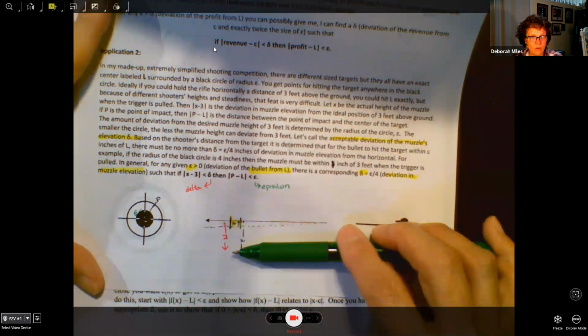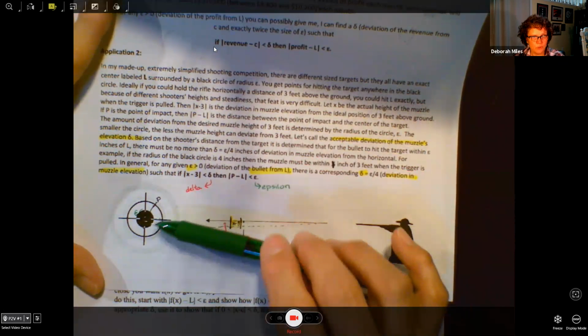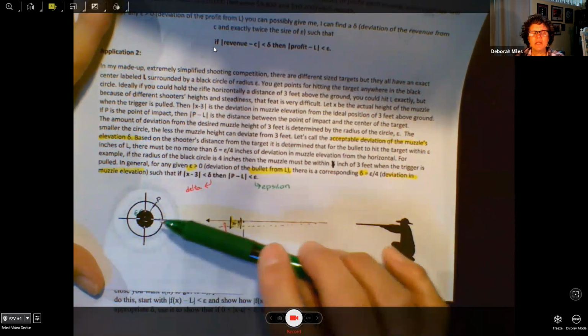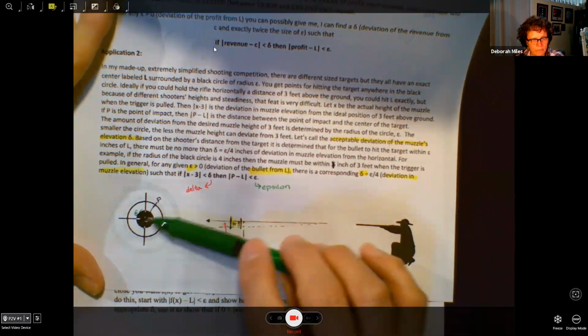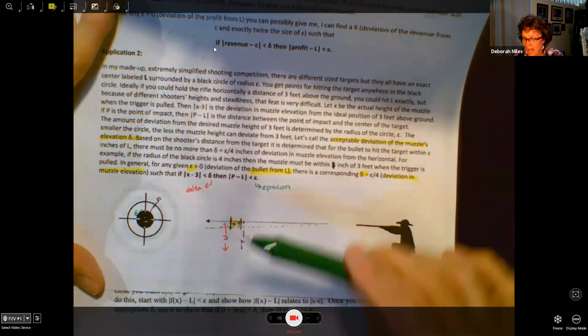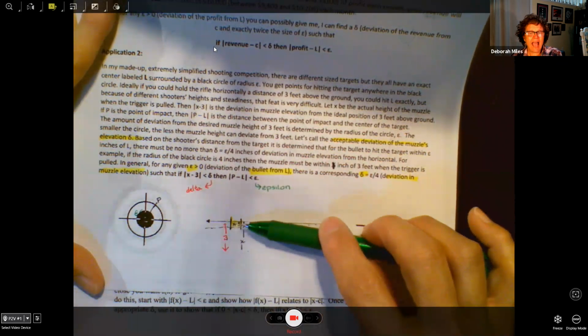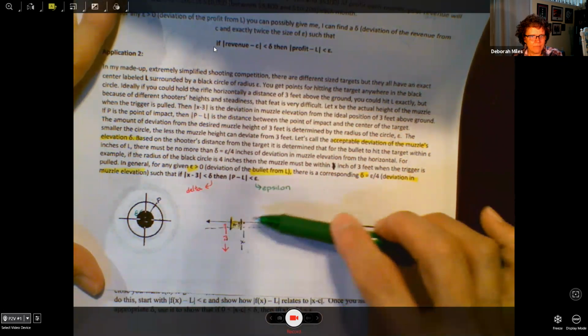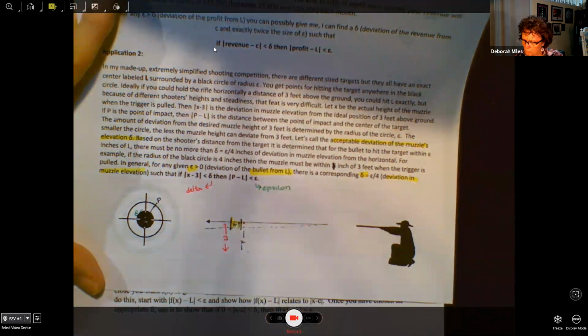I could lay the gun on the ground and still hit the bullseye if you gave me a bullseye that big. But the definition of a limit is no matter how small of a bullseye you give me, I can find how much wiggle room I have here in the path of my bullet.